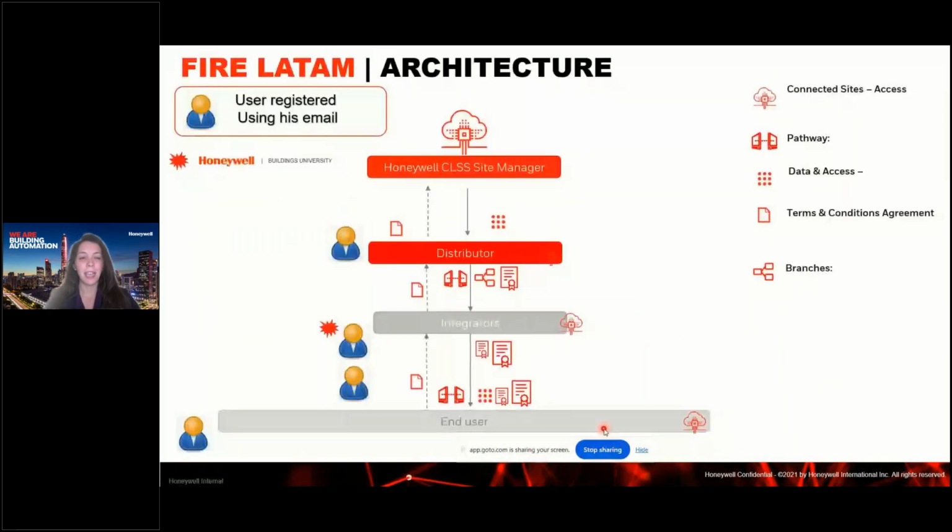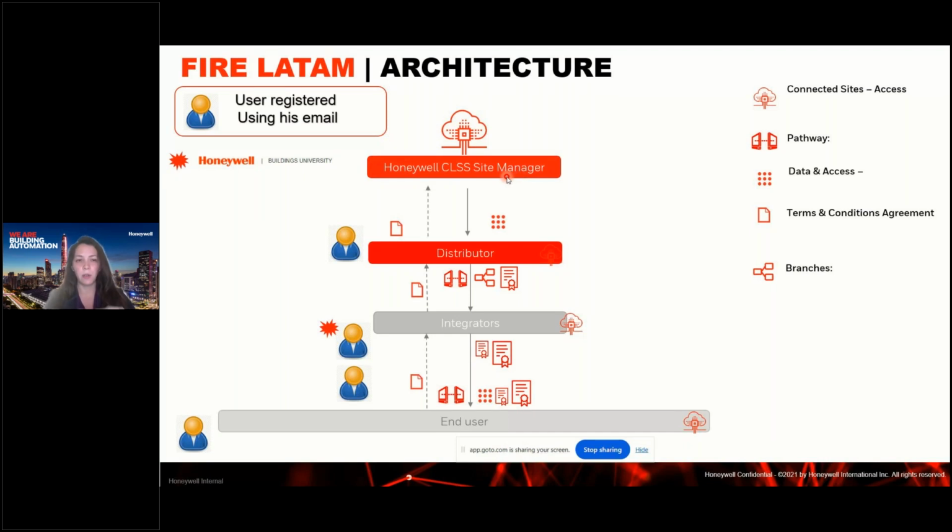And how does this all work? You're going to have what we call your branch here, your CLSS integrator branch. That integrator branch is going to go under the distributor branch, and the distributor branch is on the Honeywell CLSS site manager. So whenever you want to start with the CLSS and promote it, just know this is the architecture.